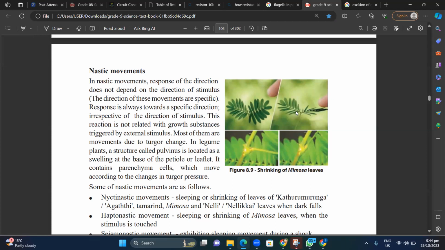The touch reaction is mostly nastic. Why? Because irrespective of whether you touch it from the back or side or left or right, it moves as it is. There is no direct relationship between the direction of its movement and the trigger direction.